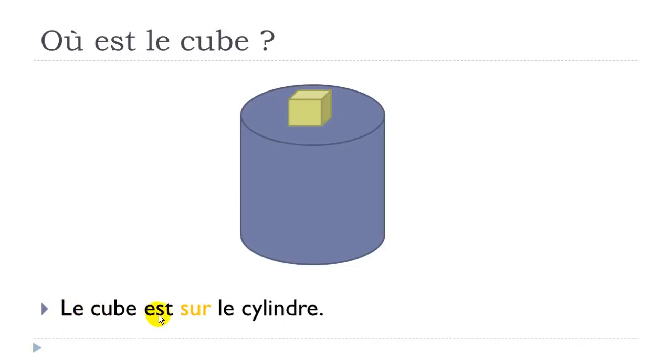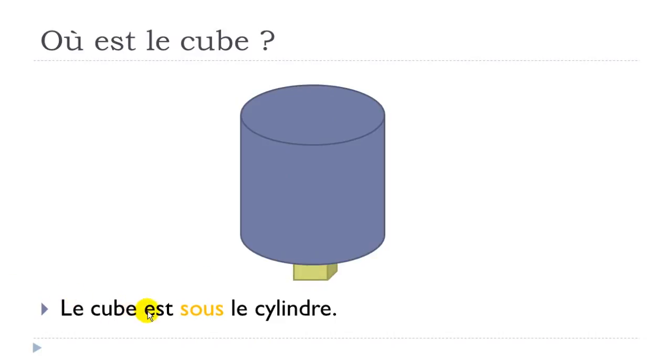Le cube est sur le cylindre. You can see it's on, sur le cylindre, and there is contact here, which is quite important. Second option, same thing, but it's basically under here.